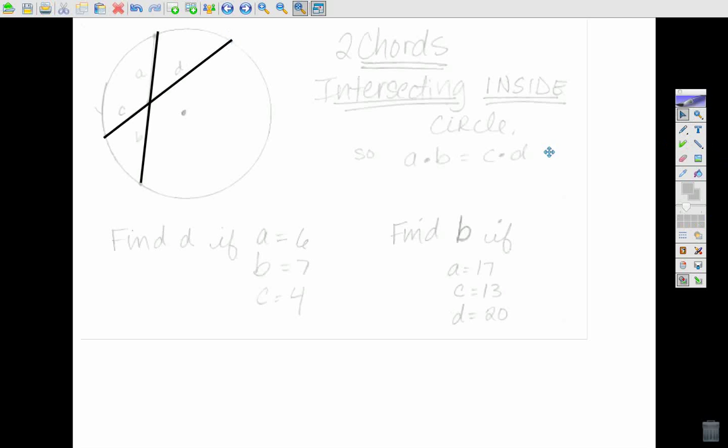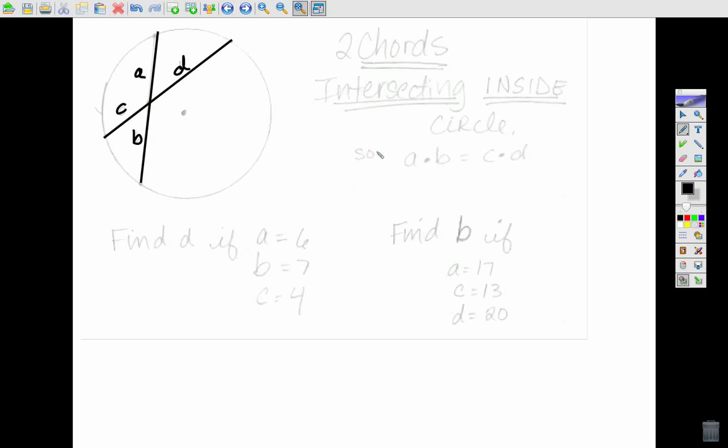All right, when they cross, which they will in these problems, they don't always, you could have two chords in a circle that don't cross, but in our problems, these will always cross. And when they do, they create these little pieces, right?